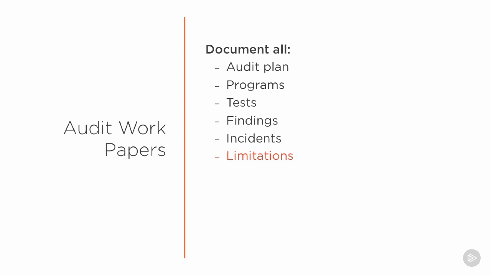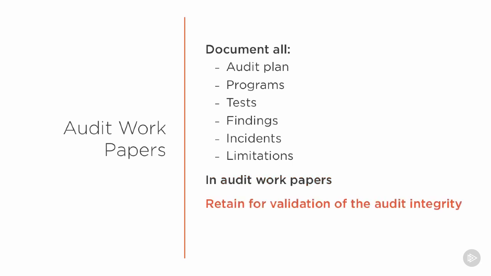It could be that management did not cooperate, certain information was not made available to the auditor, and therefore in the audit report should be listed any limitation that could affect the actual validity, completeness, and accuracy of this audit. All of these should be documented and retained as audit work papers.